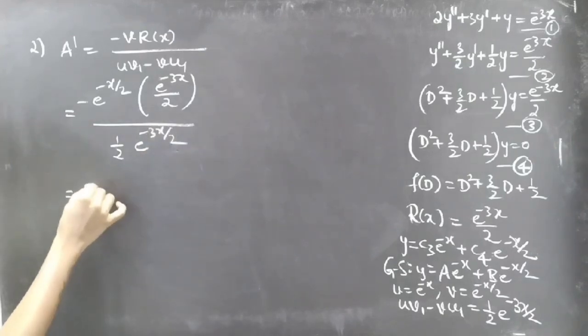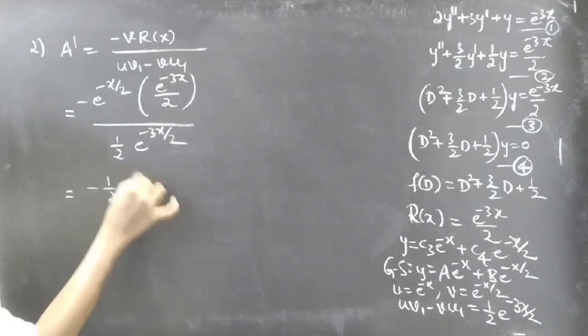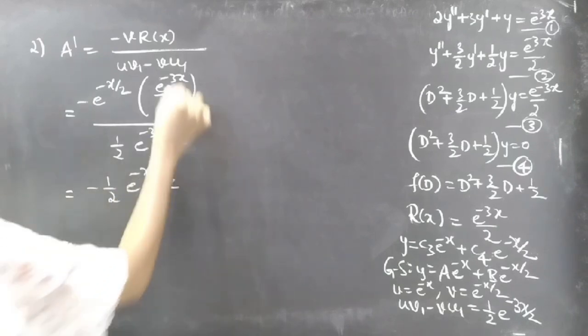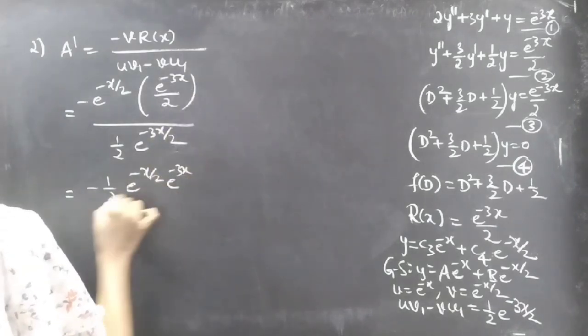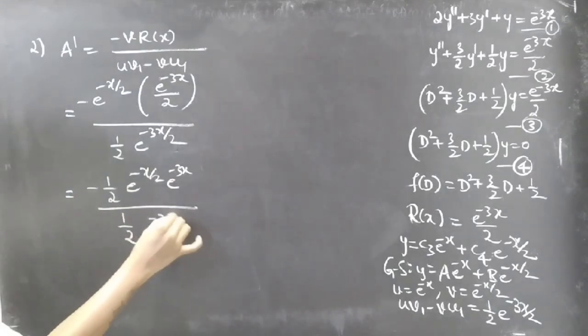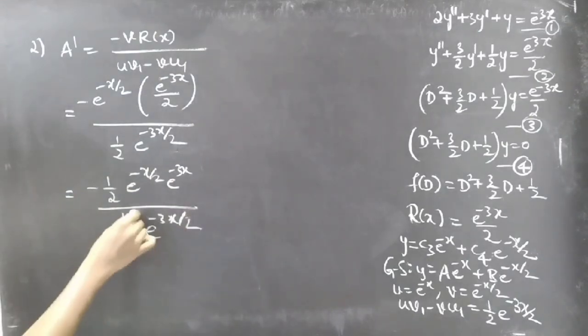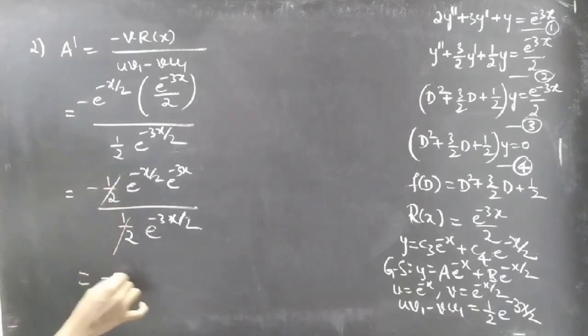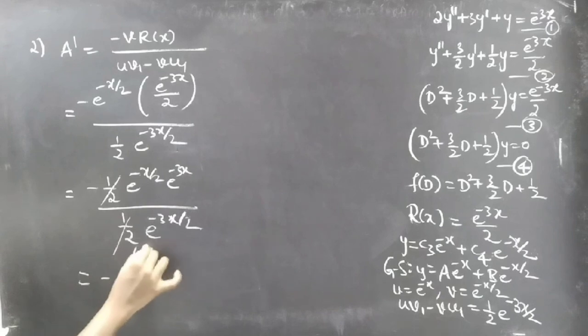This gives us minus 1 by 2 into e power minus x by 2 into e power minus 3x by 2, by 1 by 2 into e power minus 3x by 2, where 1 by 2 gets cancelled, we'll get minus e power minus x by 2.